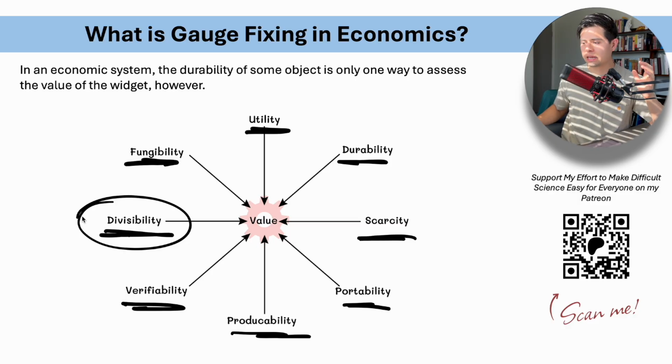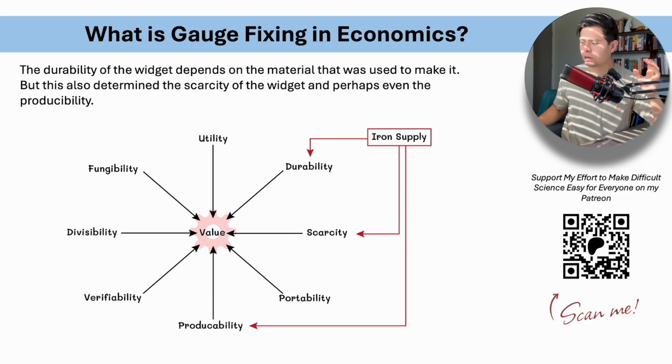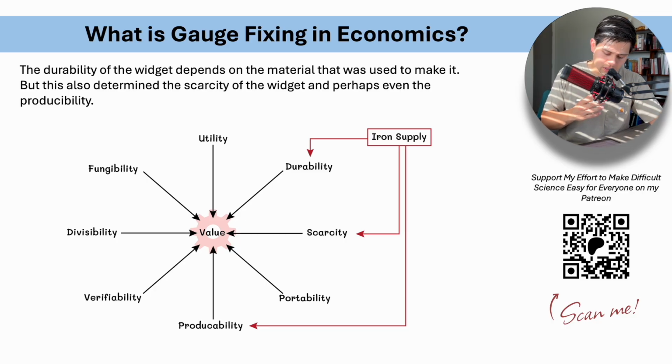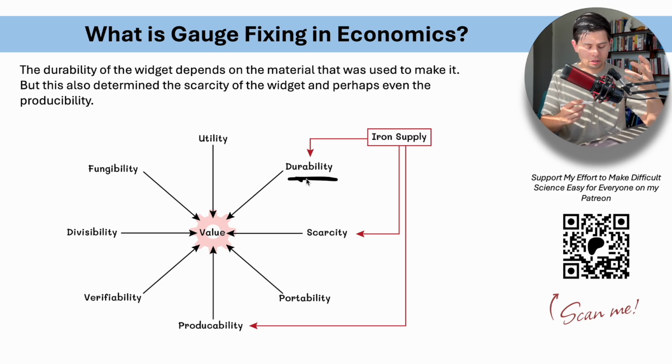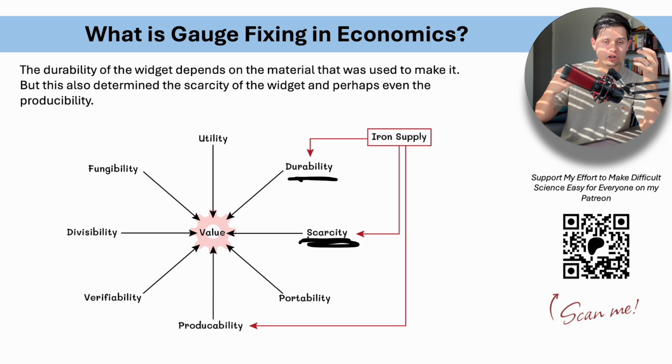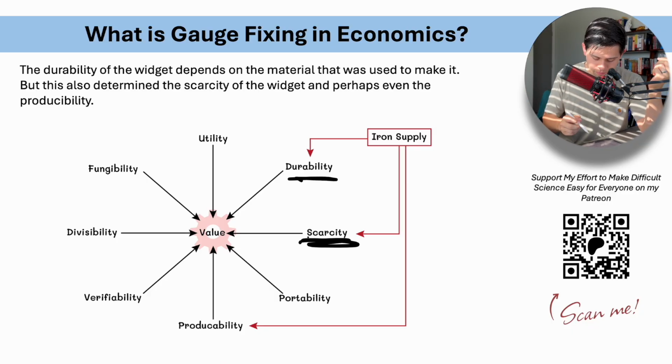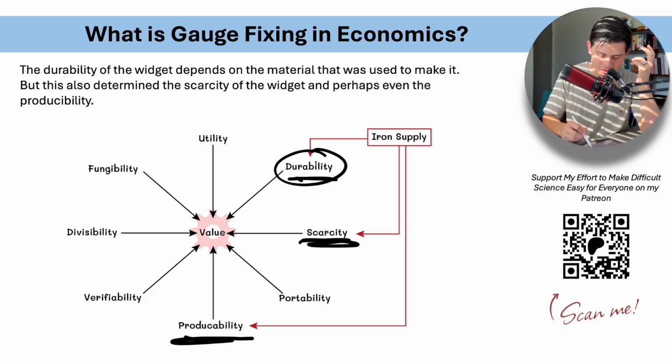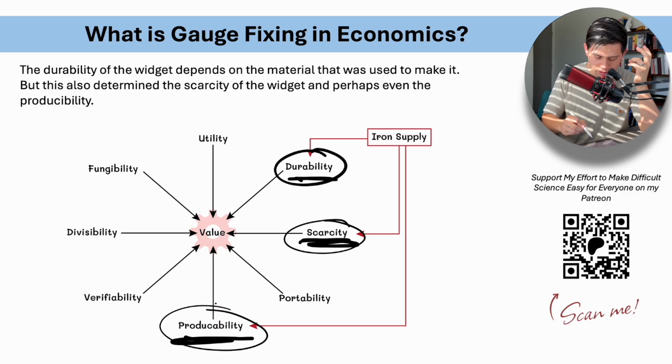But here's the thing now, right? For some of these things, and this is just an example, the durability of a widget, we can say there's some durability that contributes to the value of the widget. Its scarcity, how much of the widget is out there already. Its producibility, how easy is it to make. Some of these things are going to share some common source, right?